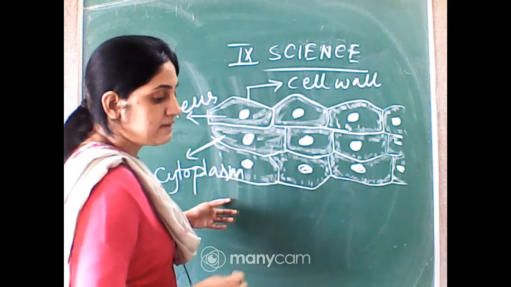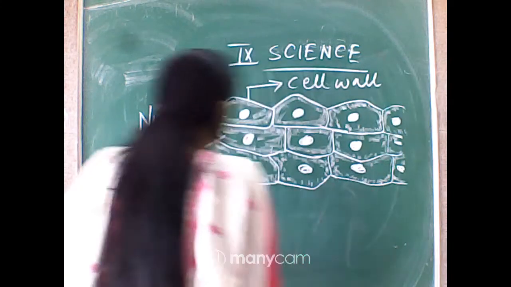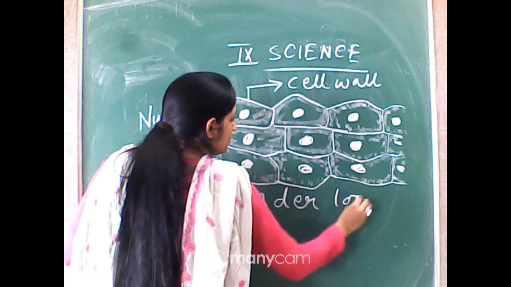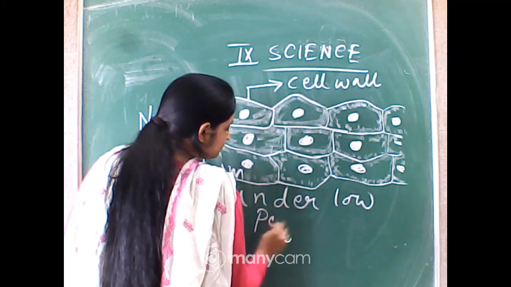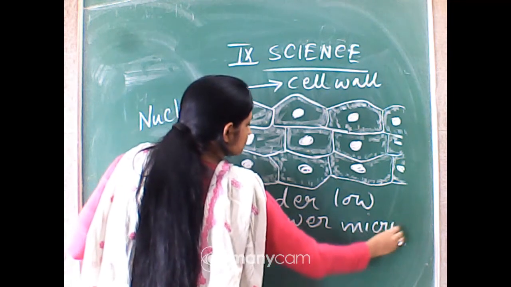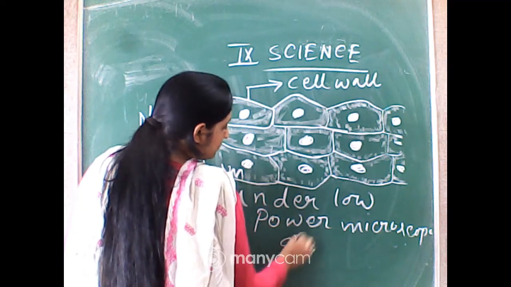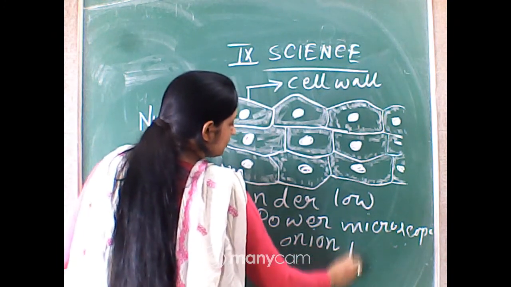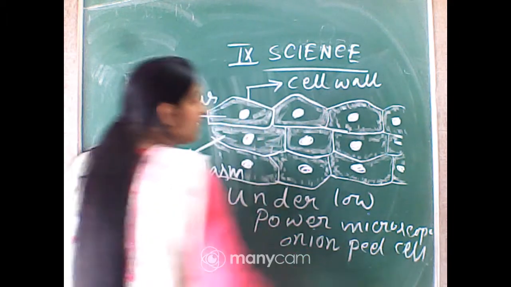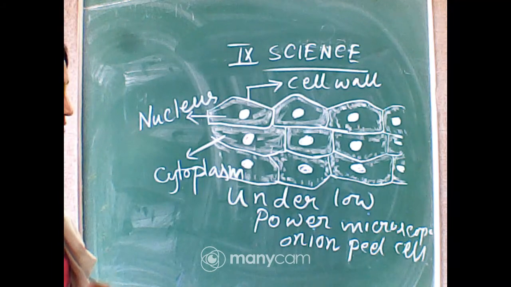This one is under low power. Onion peel cell under the low power microscope.